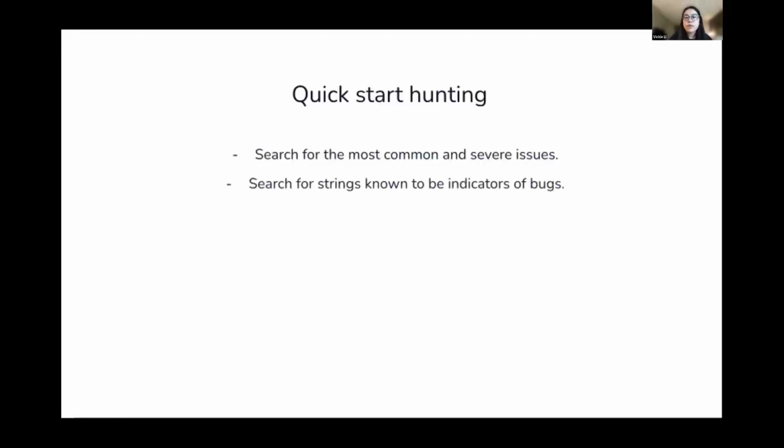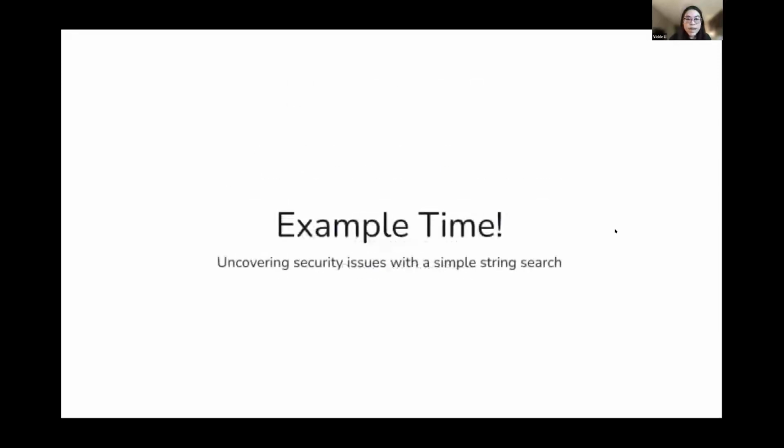So search the code base for the use of dangerous functions and see if they are reachable by user-controlled data, right? So for instance, you can search for strings like system and eval, since these are common sinks for command injection vulnerabilities.